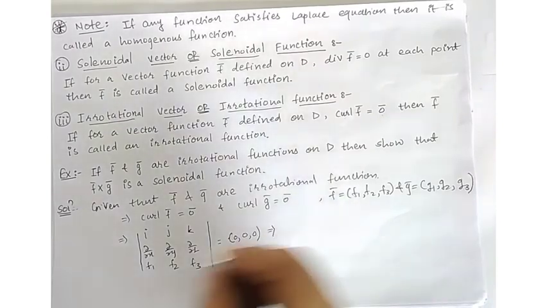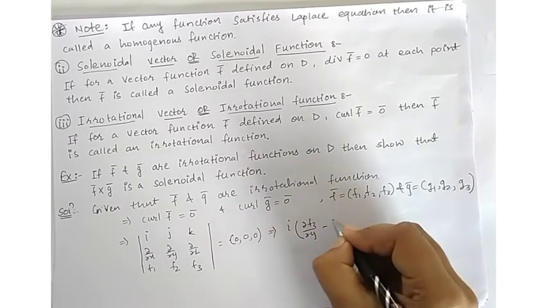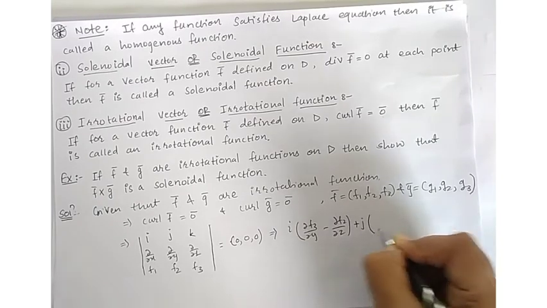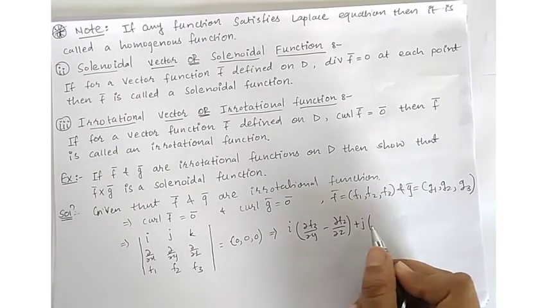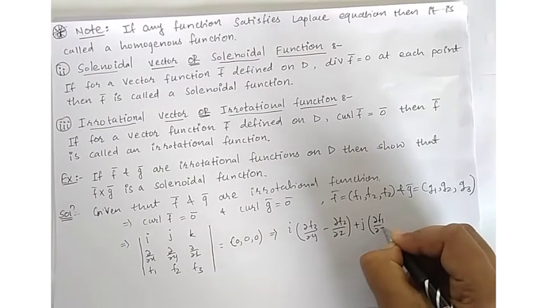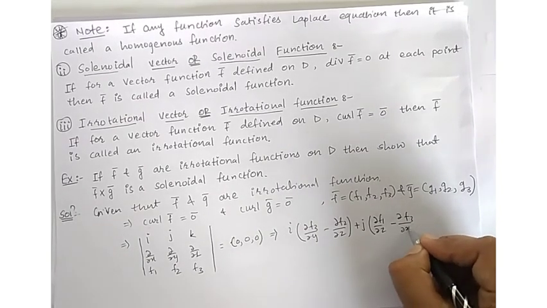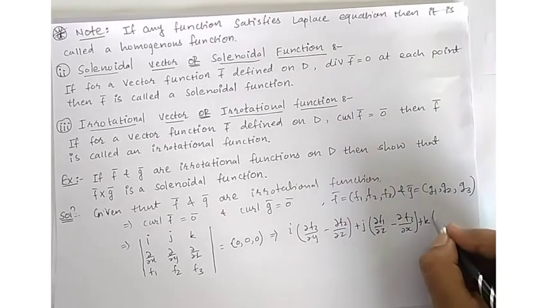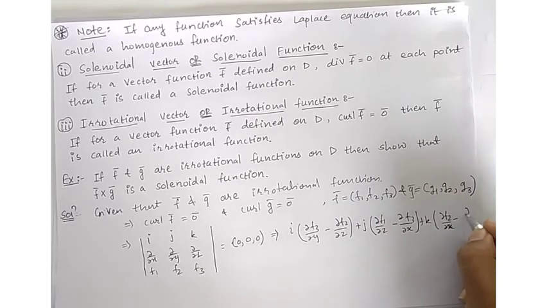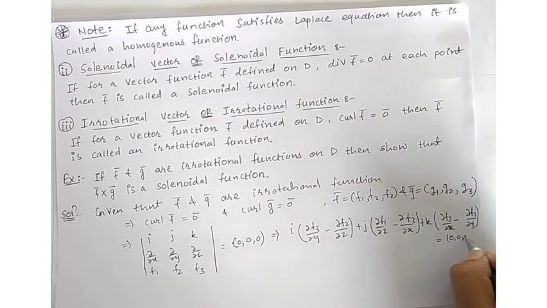So this implies i of del f3 by del y minus del f2 by del z, plus j, applying the minus inside this bracket, del f1 by del z minus del f3 by del x, and the last component is plus k of del f2 by del x minus del f1 by del y, is equal to the vector 0, 0, 0.